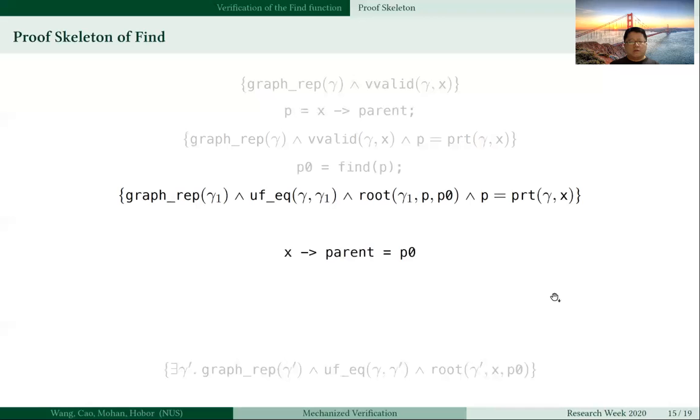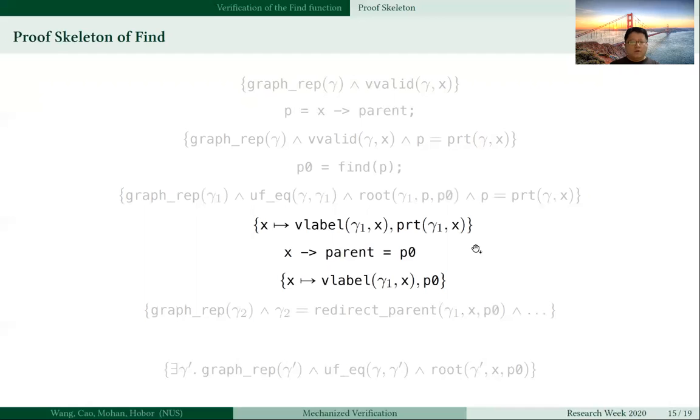The third one is tricky. Of course, we can say from gamma 1, by this change, we get gamma 2, which is the redirection of the parent. But proving it directly is not obvious, while proving this local effect is obvious: the parent becomes P0.